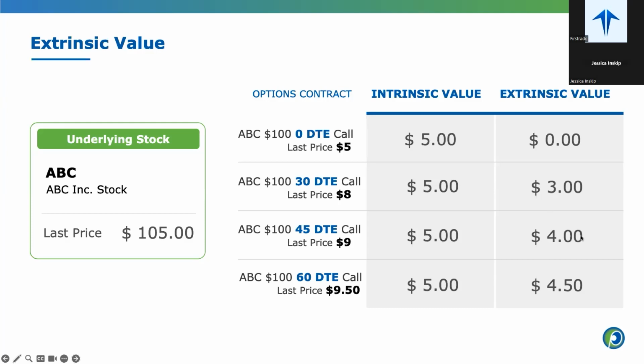And what you should notice is time value, or that time decay component, is not linear. It actually depletes really quickly and accelerates the closer we get until expiration. So we had 60 days to 45 days, we only lost 50 cents. 45 days to 30 days, we lost an entire dollar. And then that last 30 days, rapid decay.